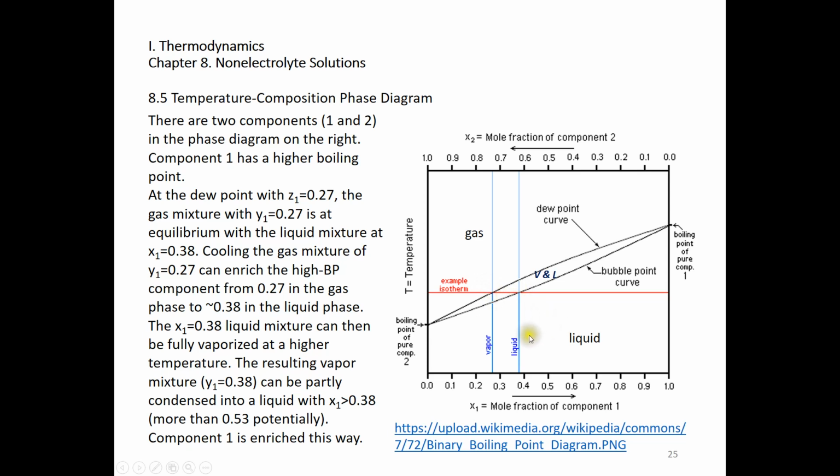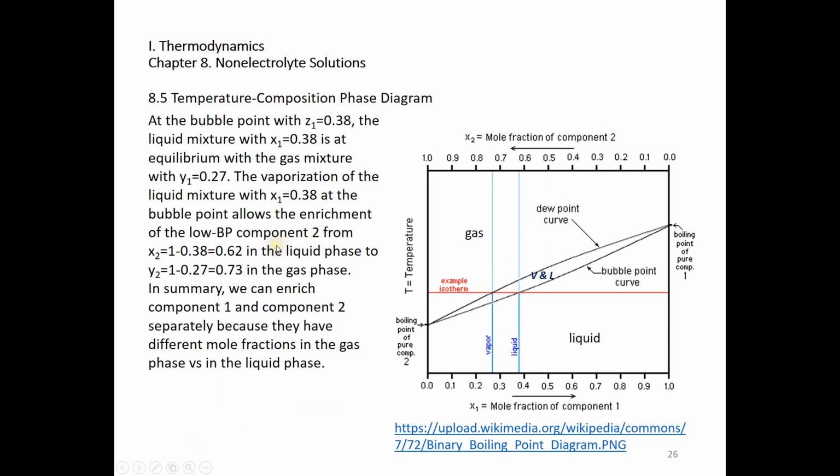And again, we can also do this process backward. If we have the liquid phase of the mixture, we can heat it up, and then we can collect the gas phase at this temperature. And at this bubble point right here, we have a higher mole fraction of component 2 in the gas phase versus the liquid phase.